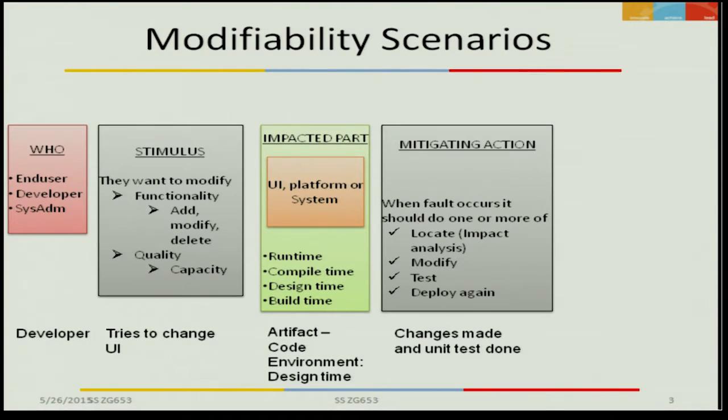Remember, we are talking about modifiability, which is the ability of the system to absorb the change request fast.